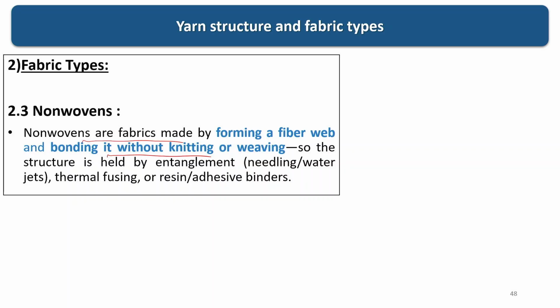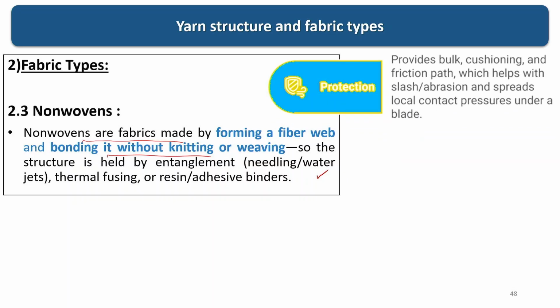The structure is held by entanglement, by needling, by water jet or thermal fusing. So, non-wovens are also used for cut resistant products, but not that widely; it is mainly dominated by knitting followed by weaving.